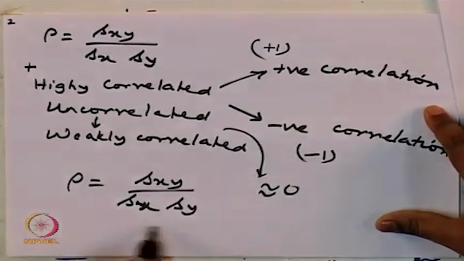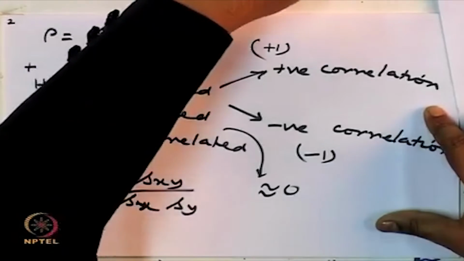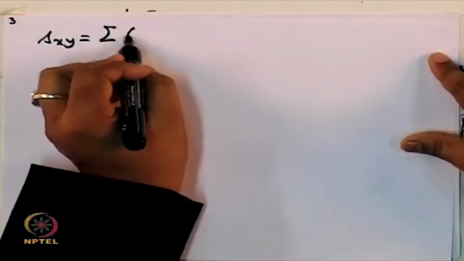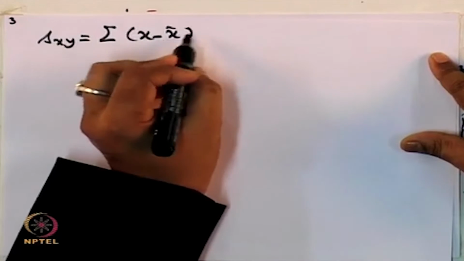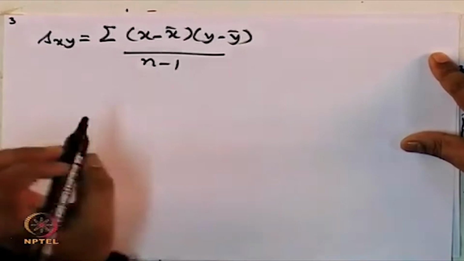Okay. So, if we see our definition of rho and ask how do we define the covariance, Sxy is defined as summation of x minus x bar times y minus y bar whole divided by n minus 1.